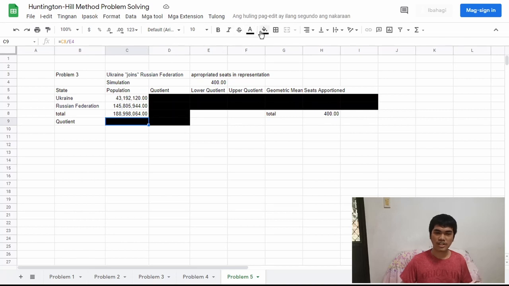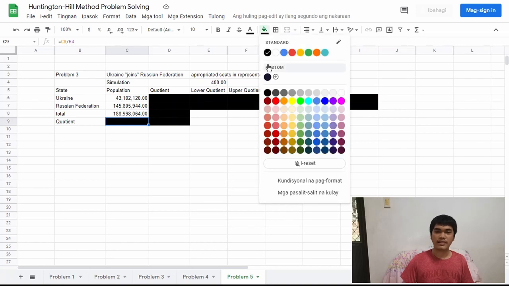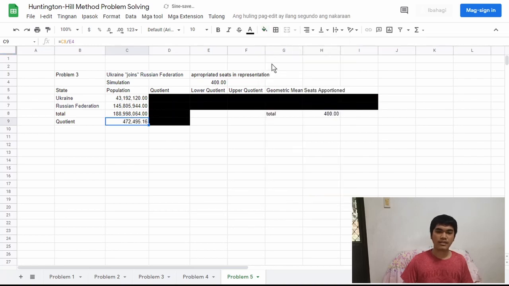So the quotient for this, we just divide the total population by the seats appropriated, and that will be 472,495.16.